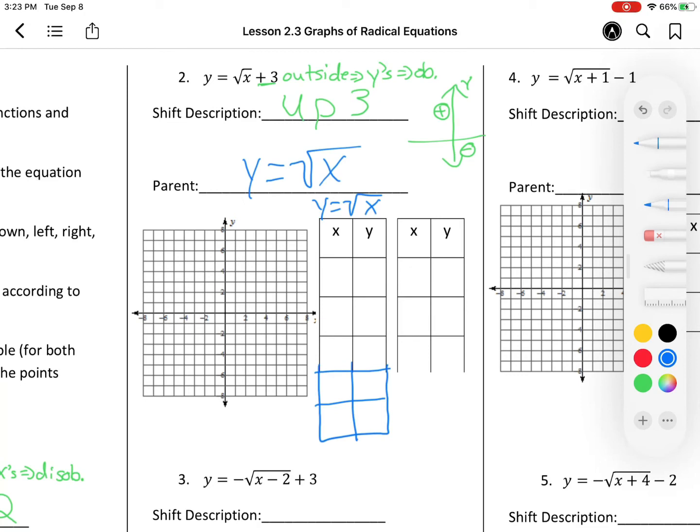It's okay. I teach you this way. So -1, 0, 1, 4, and 9. Then you have error, 0, 1, 2, and 3. So outside, affecting the y's. If you really want to, you can go ahead and do this graph.